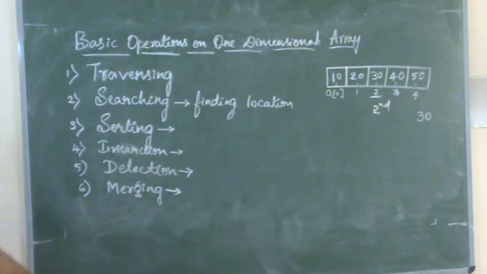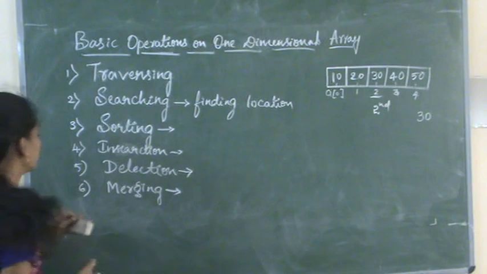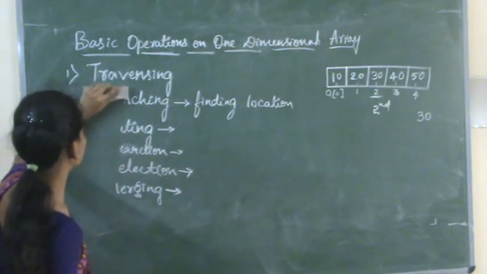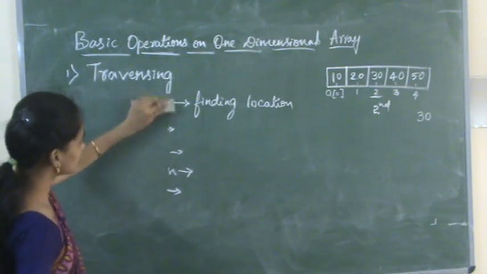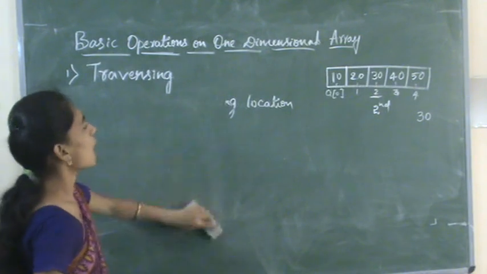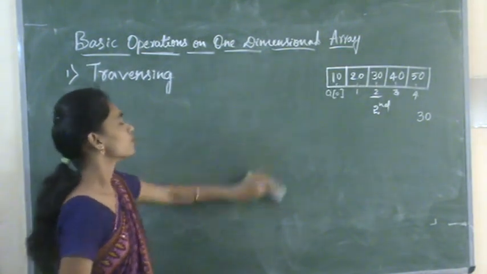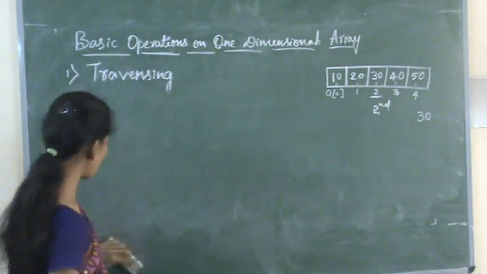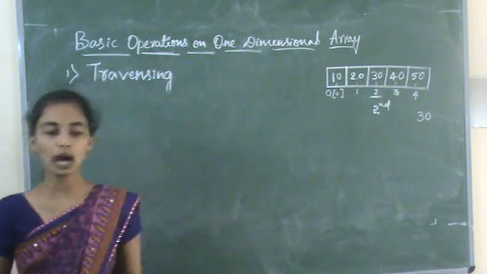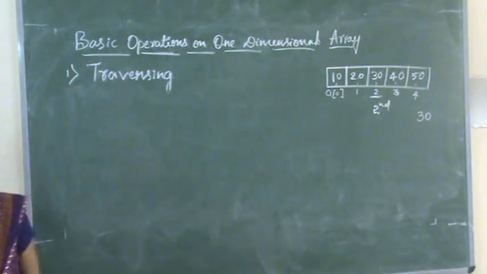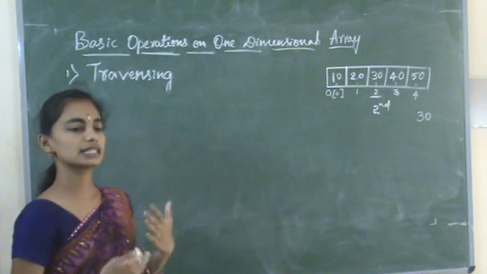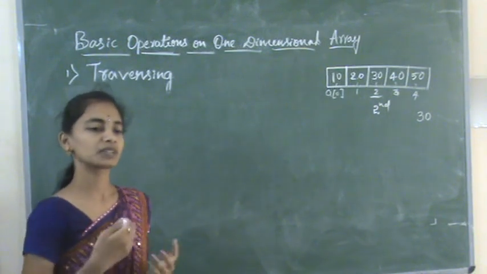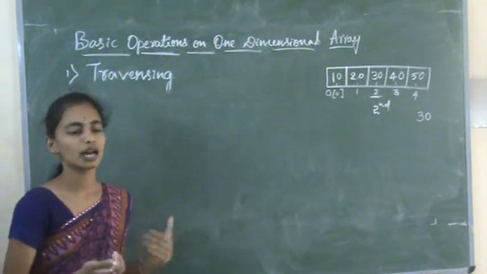Now we will study the operations one by one with the algorithms. We now know the definitions of these operations. So how will we perform the operations through algorithms? We have algorithms for traversing, searching, sorting, insertion, deletion and merging.